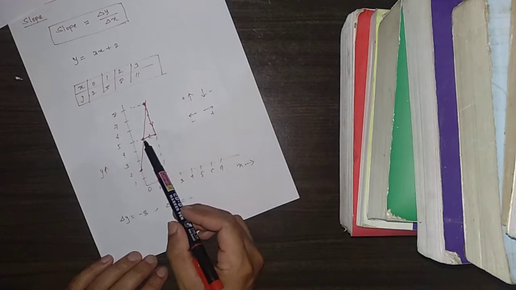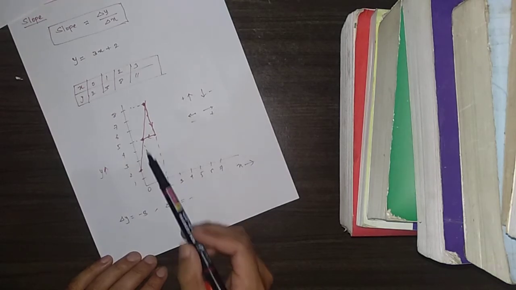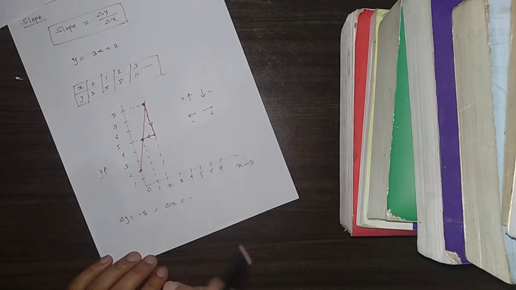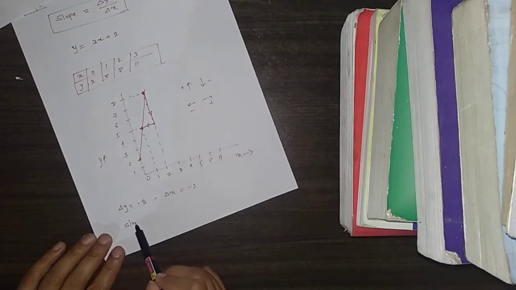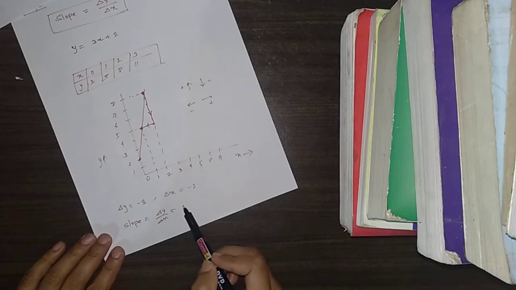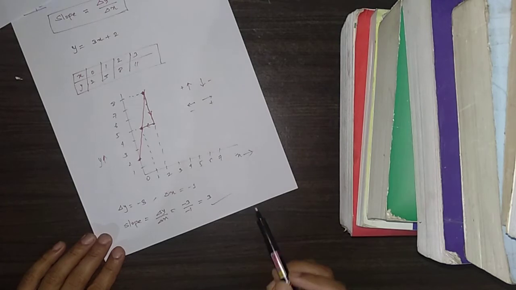You've gone from 2 to 1, that means 1 value, so minus 1 is your change in x. Your slope is change in y divided by change in x, that is minus 3 divided by minus 1, which is 3. So your slope is 3.